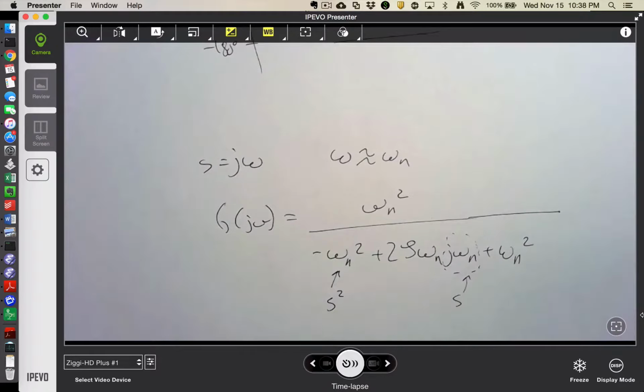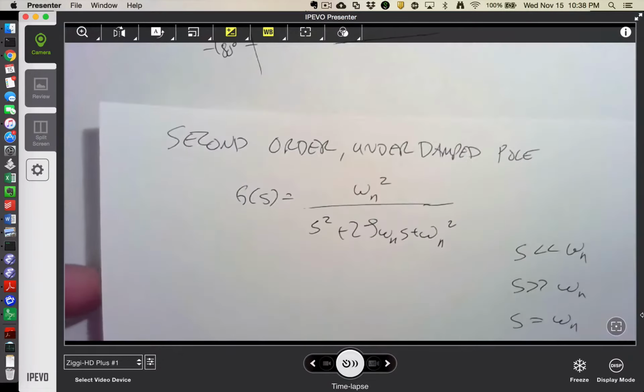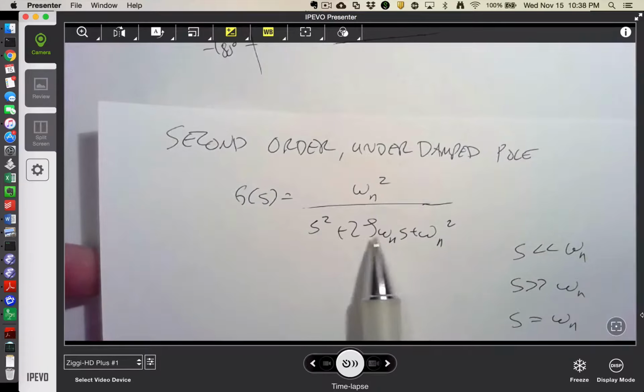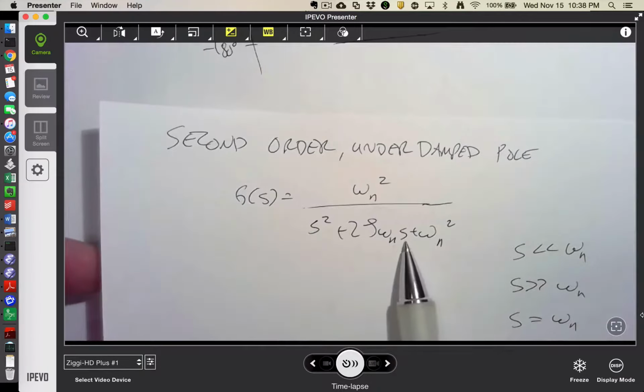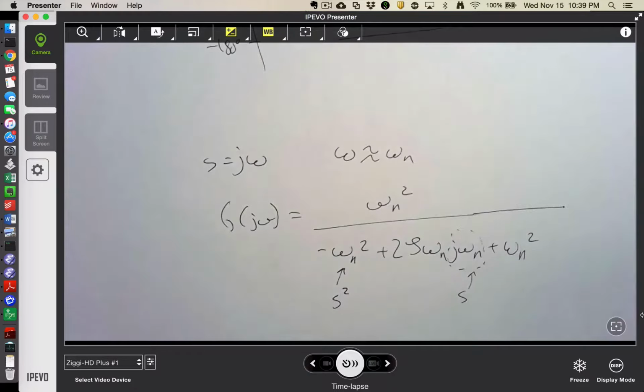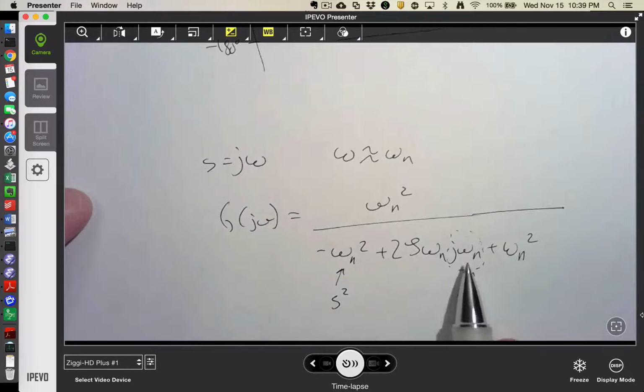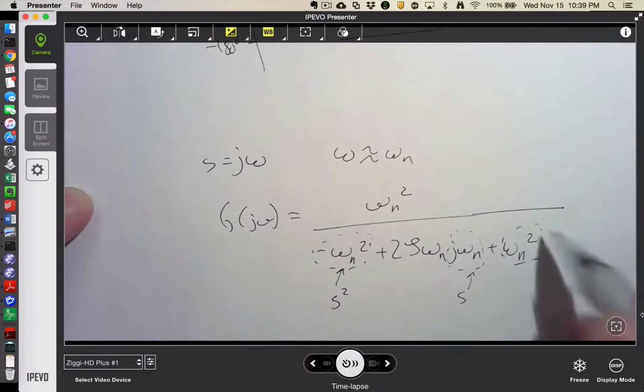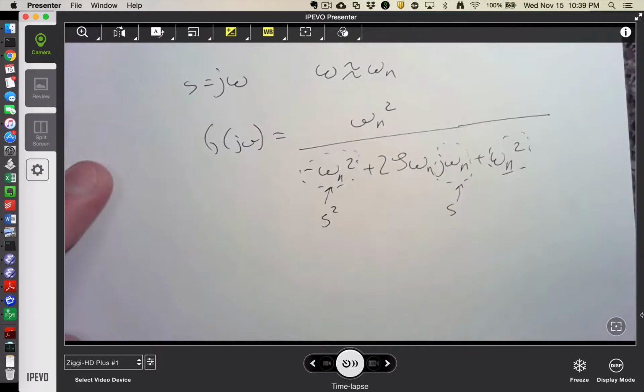So originally the form for the underdamped second order system, omega n squared over S squared plus 2 zeta omega n S plus omega n squared, that's j omega, and then that's j omega squared. So that leaves me with a negative omega n squared and a j omega n here. First of all, I've got this negative omega n squared over here and a positive omega n squared here. So those two will cancel.